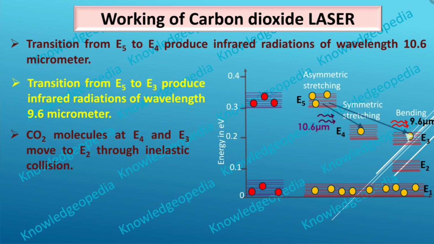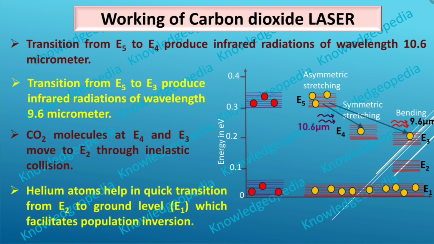Once the carbon dioxide molecules make transitions from E4 and E3 to E2, they are triggered by the helium atoms to make the transition from E2 to E1. So whenever these carbon dioxide molecules reach E2, they will be triggered by the helium atoms and move down to the ground level, that is E1.